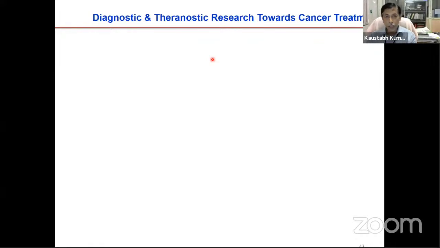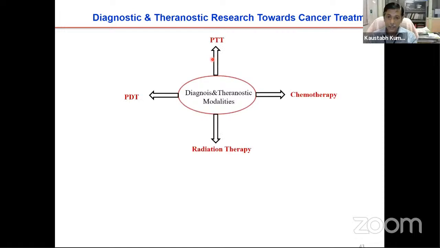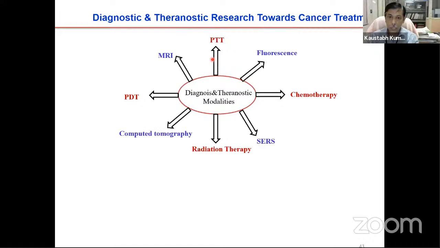So now I'm going to give you some of the general features and what we have developed in our laboratory so far. As I said, theranostics is a combination of diagnosis and therapy, two modalities together.